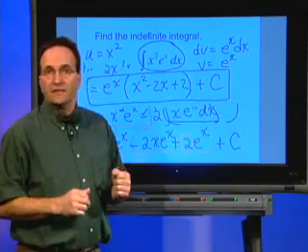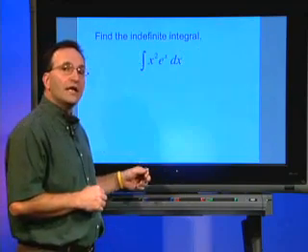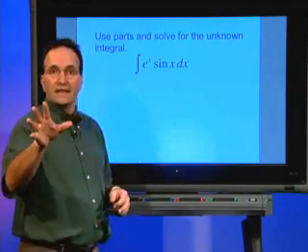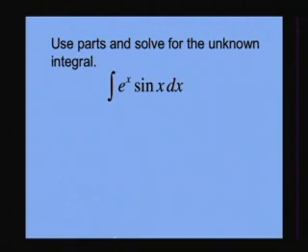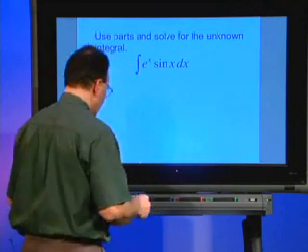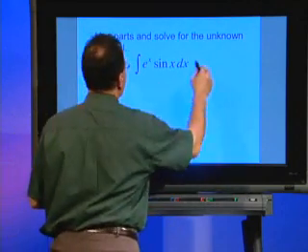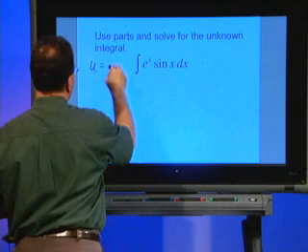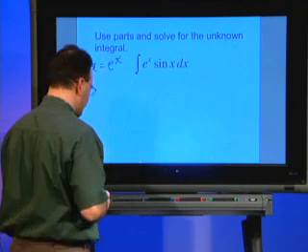Now let's turn our attention to solving for the unknown integral. So let's take this example. Use parts and solve for the unknown integral. And the integral we have is e to the x times sine x dx. So once again, we want to set up a substitution where we're going to use u. Let's say u is equal to e to the x.